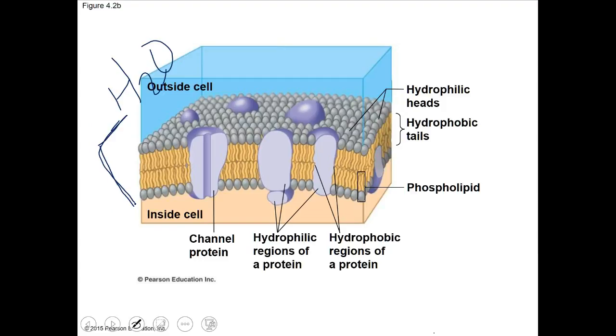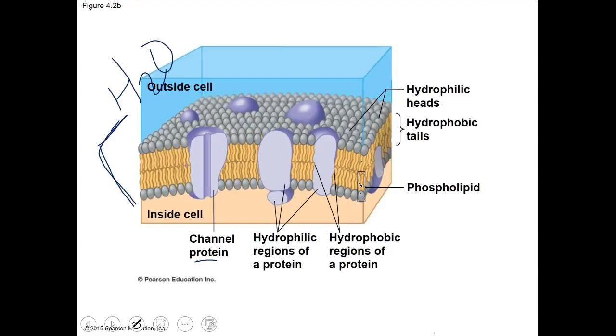We do have these channel proteins, and for some reason your particular book just loves to make all proteins purple. So if you notice purple things there, those are definitely proteins embedded within that. The hydrophilic heads, as I showed you before, and the hydrophobic tails that don't get along with water are waving at each other and forming that protective boundary.